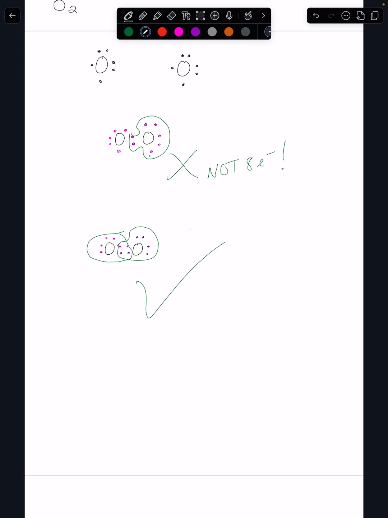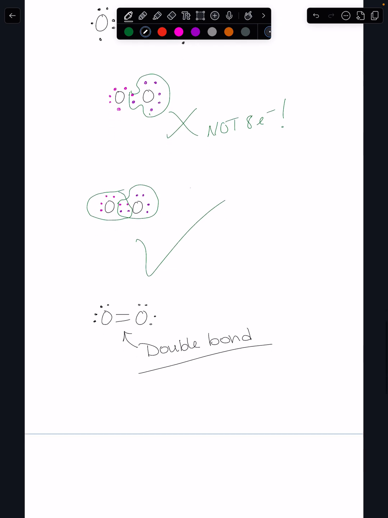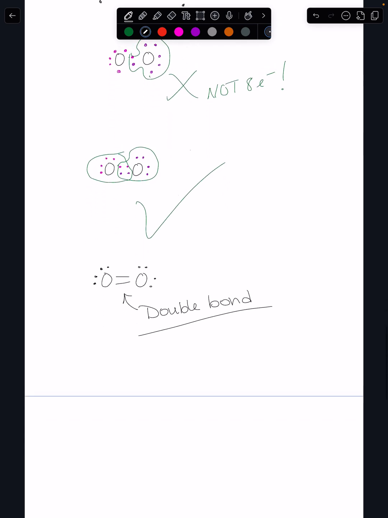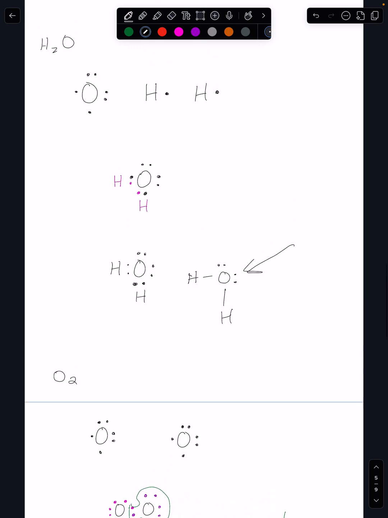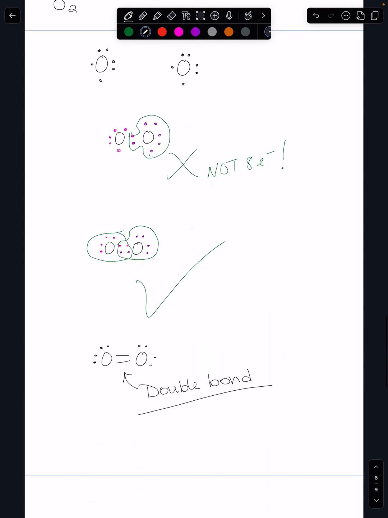So what is this? If we rewrite it this way, oxygen has 2 non-bonding pairs of electrons on each one and a double bond right here. So we've now seen that things can have single bonds, like you saw up there with water and methane.